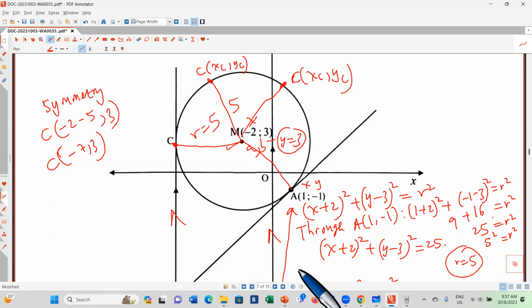If you combine all the points C, they trace the circumference of the circle, formed by many points that are equidistant from the center of the circle. So the examiner would have to give you extra information if it was not on the same line as M.